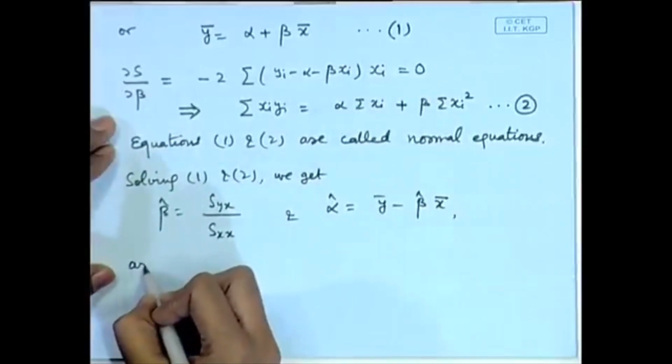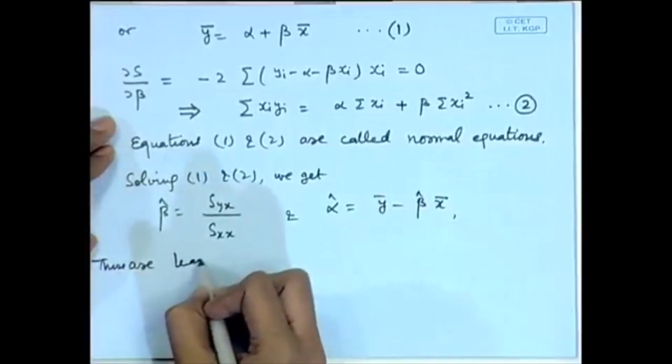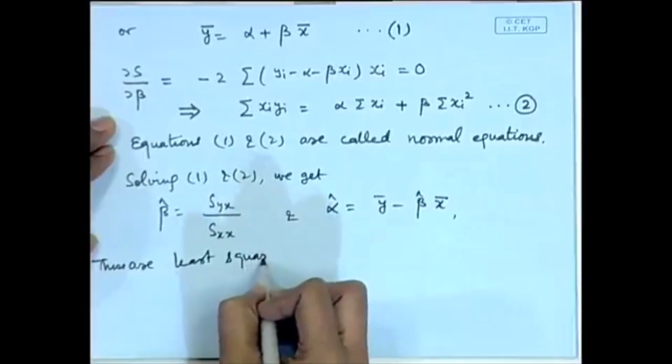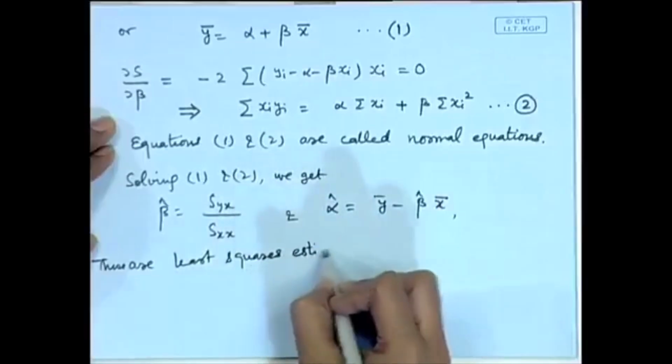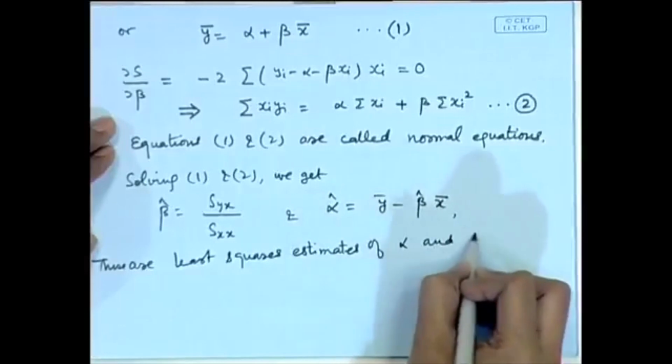So, these are the least squares estimates of alpha and beta.